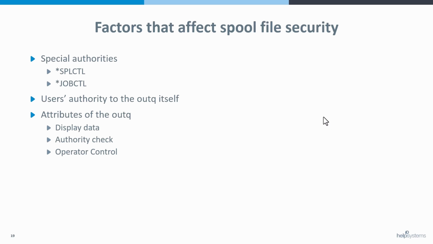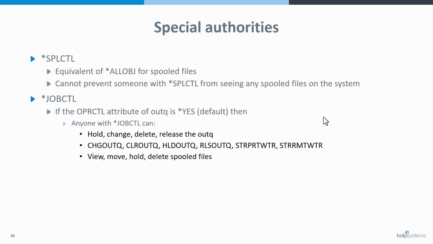And all of these factors come into play in trying to determine how an outqueue is secured and who has access to it. With spool control, it is truly the equivalent of all object for spooled files. If the user profile has spool control, that user profile has access to all spooled output on the system, regardless of the configuration of the outqueue.